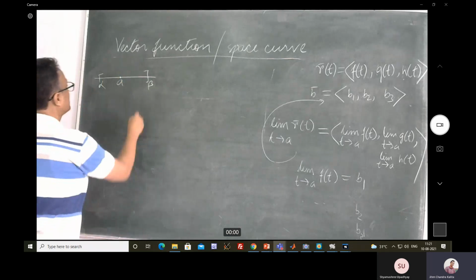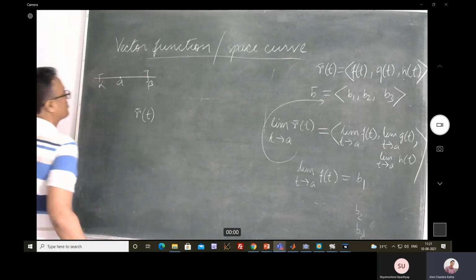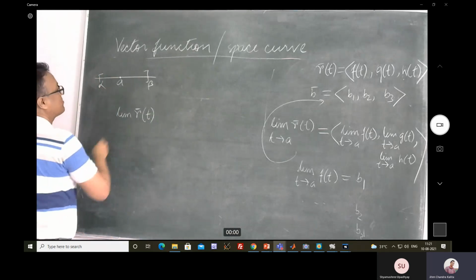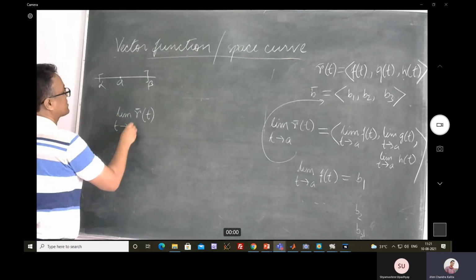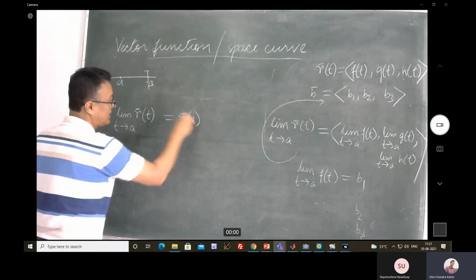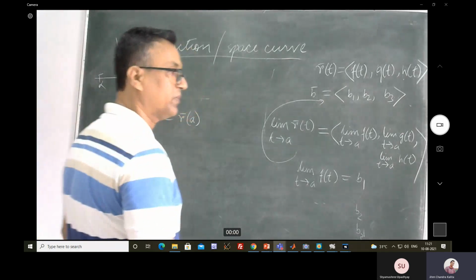Then this vector valued function R is said to be continuous at the point A if the limit as t tends to A of RT is equal to simply R at A. That's limit R at A.